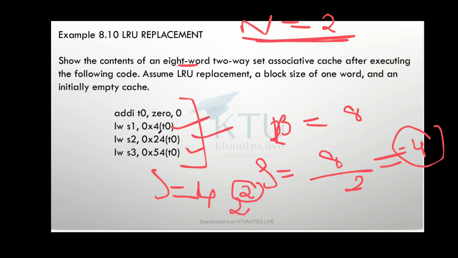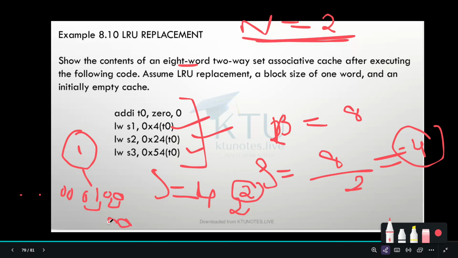In 4's binary form, there are a lot of zeros like 0 0 1 0 0. So these 2 bits represent the byte offset and 1 0 represents the set. This means it belongs to set 1. Now 0x24, again, 4 and 2 come as 0 1 0 0, with a lot of zeros.